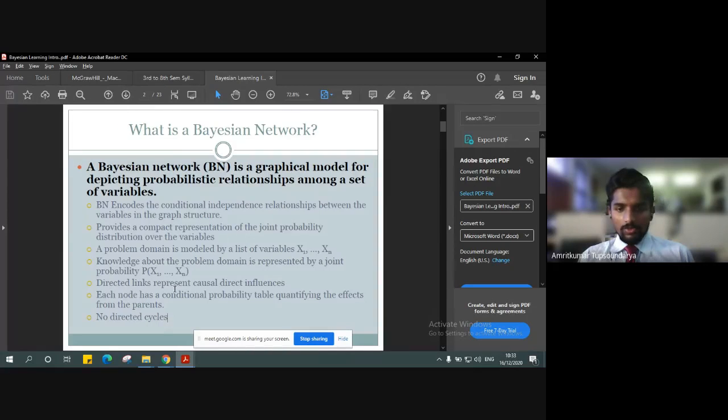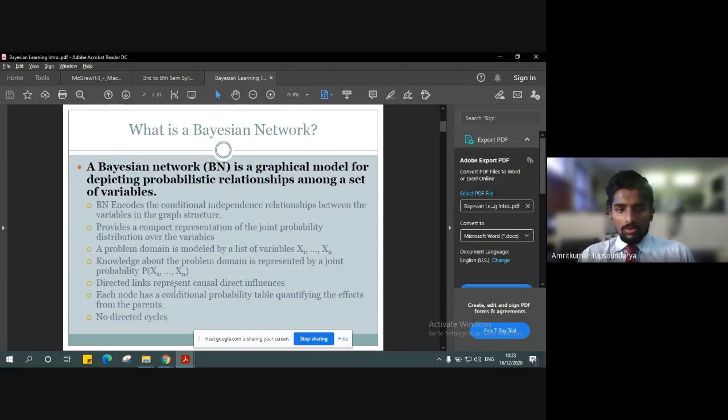Let's say a very simple example. The first problem that comes to mind when we talk about probability is tossing a coin, right? We have seen so many examples of the probability of getting a head or a tail, combinations of coin tosses and so on.